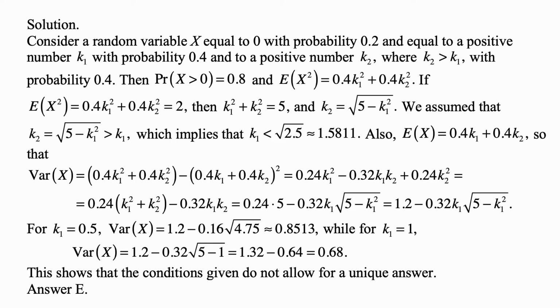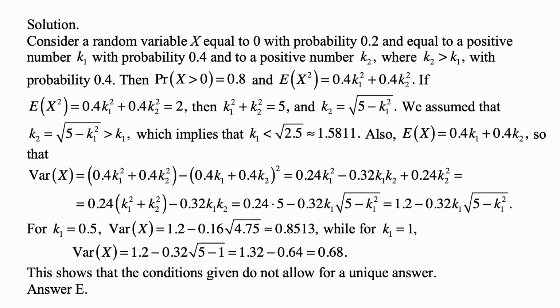So the variance of x is equal to 0.4 k1 squared plus 0.4 k2 squared minus (0.4 k1 plus 0.4 k2), the whole thing squared. And after we square that second expression and cancel things out and so on, we will get 0.24 k1 squared minus 0.32 k1 k2 plus 0.24 k2 squared, and that's 0.24 (k1 plus k2) squared minus 0.32 k1 k2.